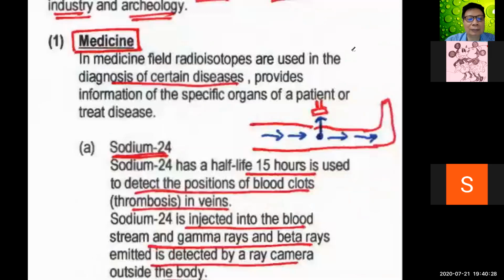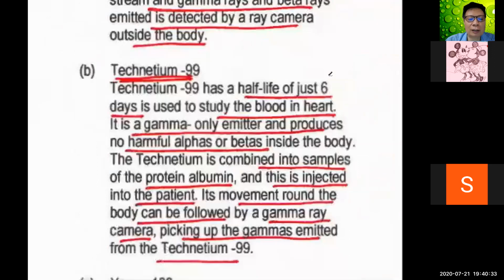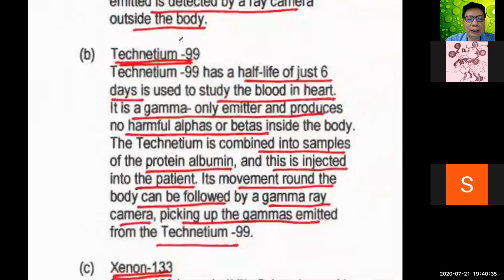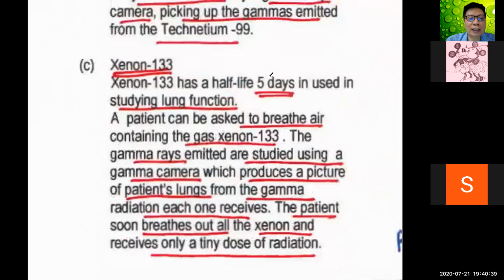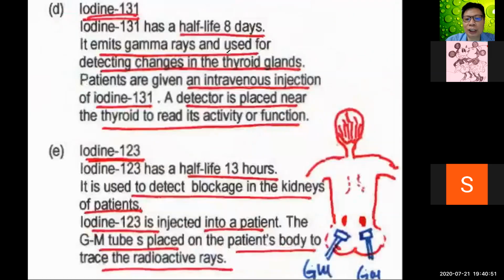In medicine, we have sodium-24 to check blood clots, technetium-99 to check the blood in the heart, and xenon-133 to check lung function. Also we have iodine-131 to check the thyroid gland, and iodine-131 to check for blockage of the kidney.